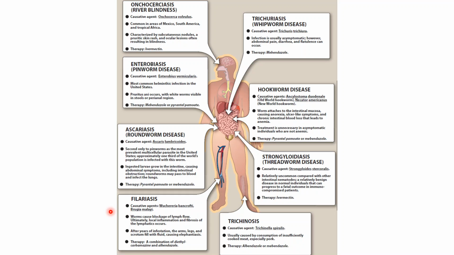The filaria is a worm that lives in the lymph and then leads to fibrosis and inflammation of the lymphatics, that leads to elephantiasis.